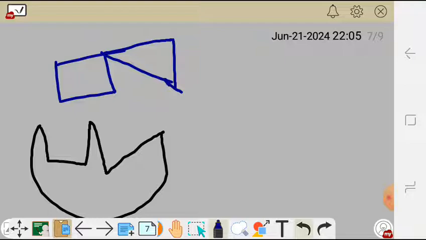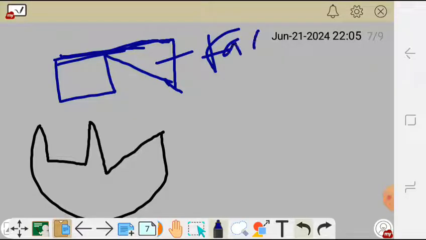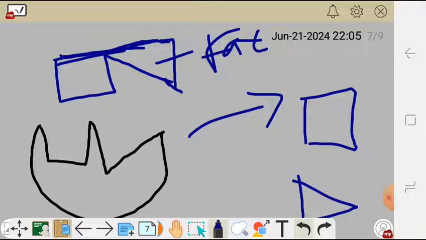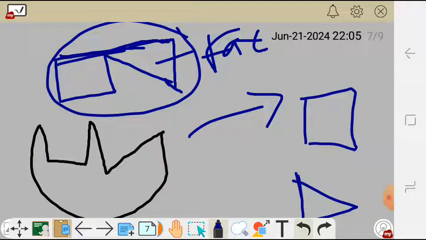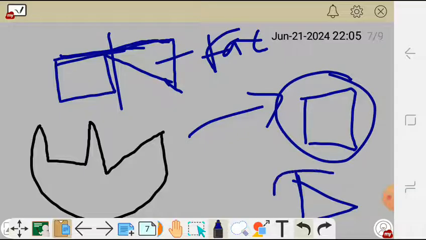Let's say these are lipids, these are fats. So this is a fat molecule. This fatty molecule will bind to the active site of the enzyme. Then the enzyme will help it break and form two products, glycerol and fatty acids.